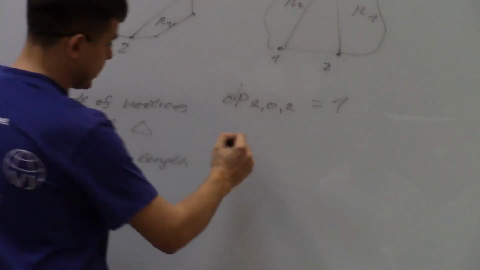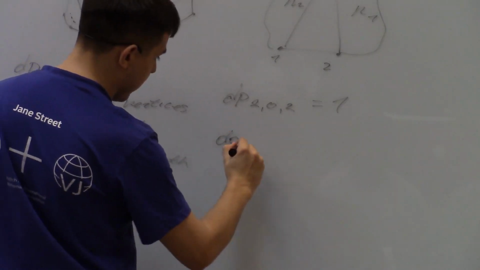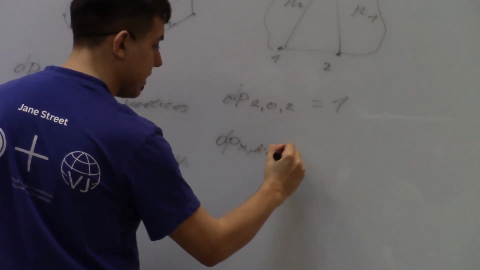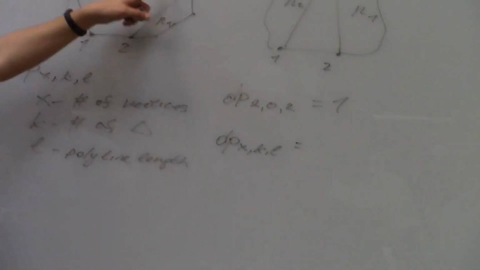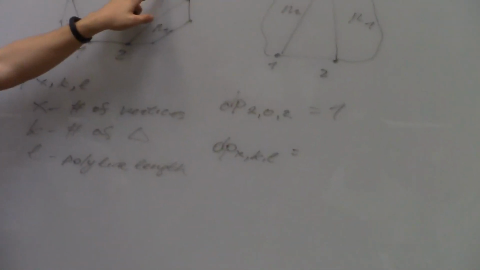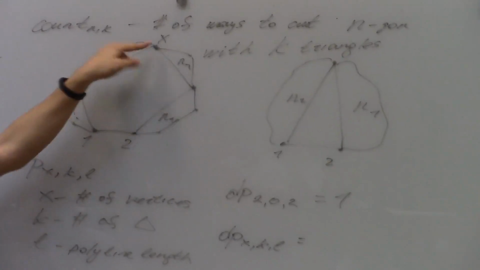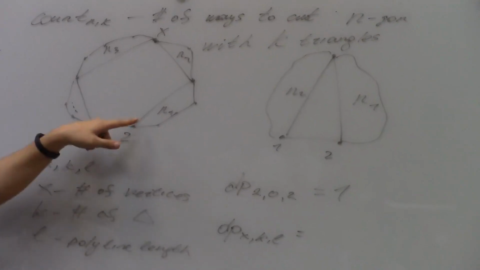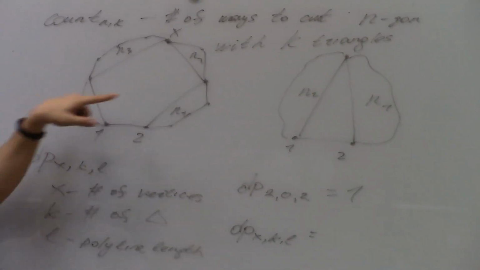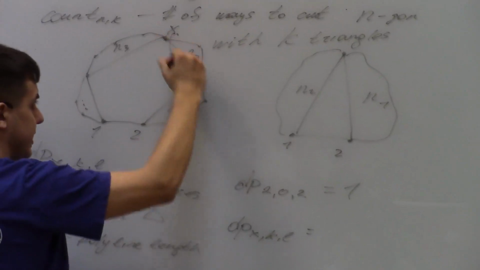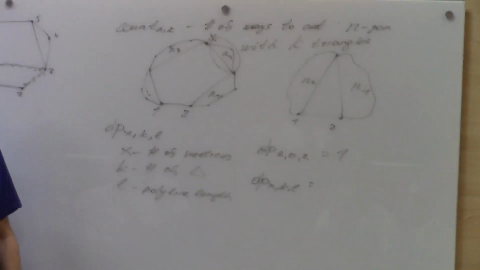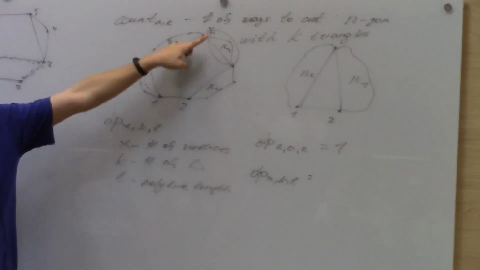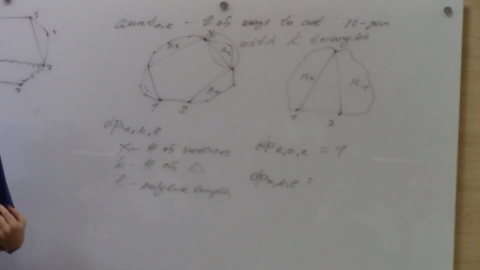Okay, now let's calculate dp(x, k, l). Well, let's calculate how many vertices this part contains. So we would like to calculate how many vertices are in this part. So we add one more edge to this inside polyline, and we'll see how many vertices this cuts.